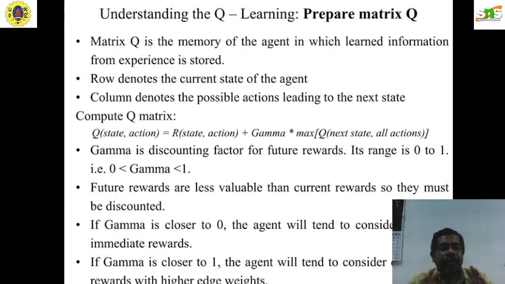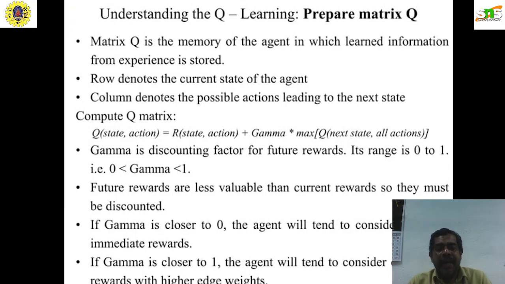Now, after the computation of the Q matrix, what should we do with the outcome? The gamma factor is the discount factor for future rewards. It lies in the range of 0 to 1. Future rewards are less valuable than current rewards, so they must be discounted.